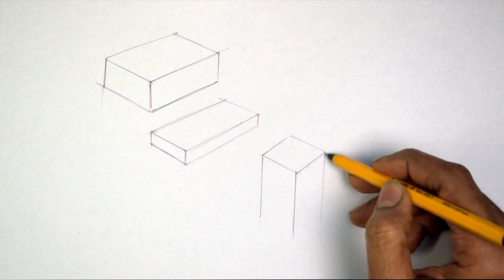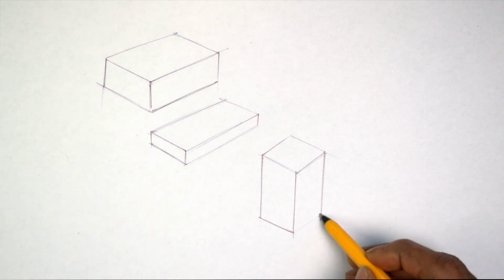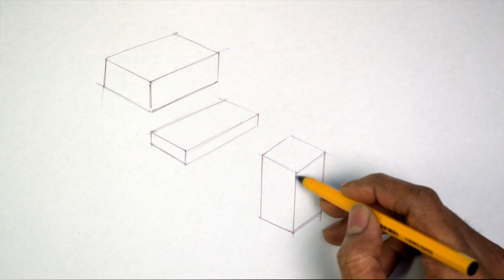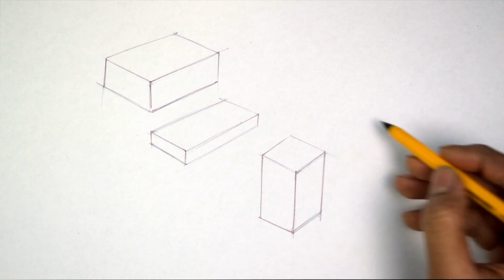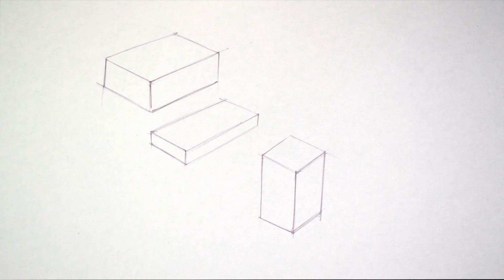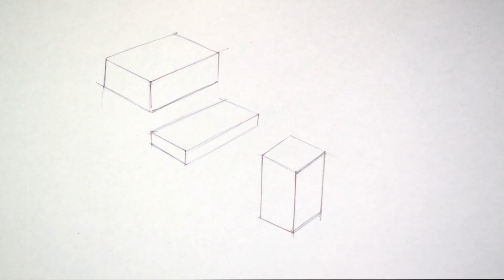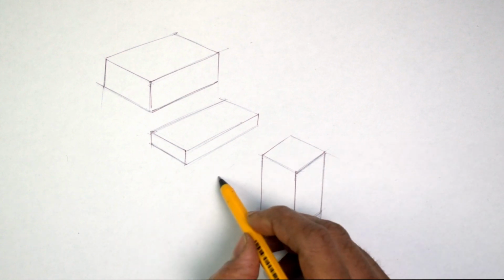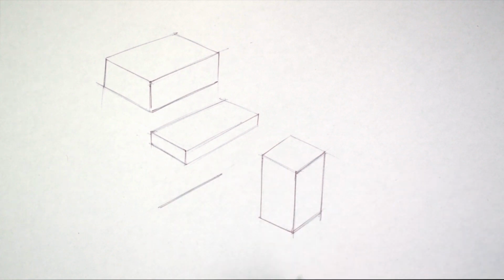This is very basic but very important, because if you don't know how to make these isometric boxes, then it will be slightly difficult. And this is very easy because in isometric view you don't need any perspective. It's very efficient, because you can draw anywhere on the sheet without any vanishing point.